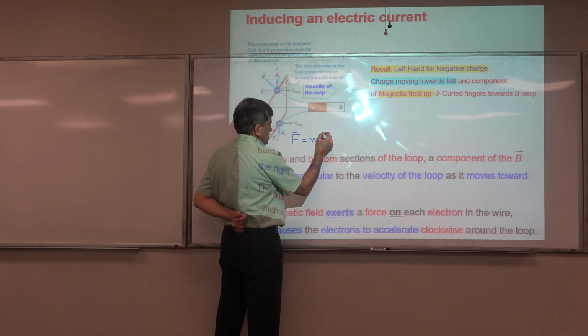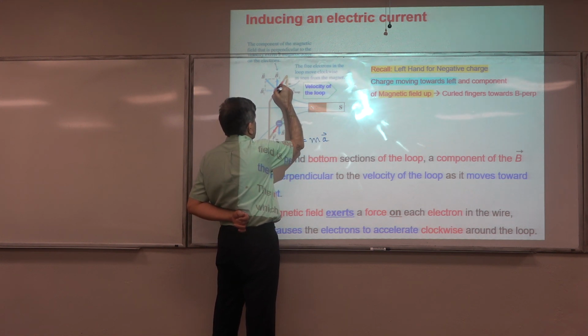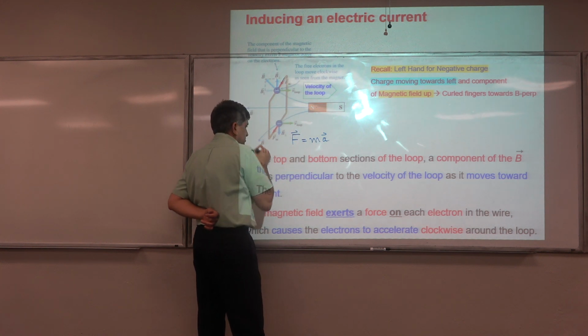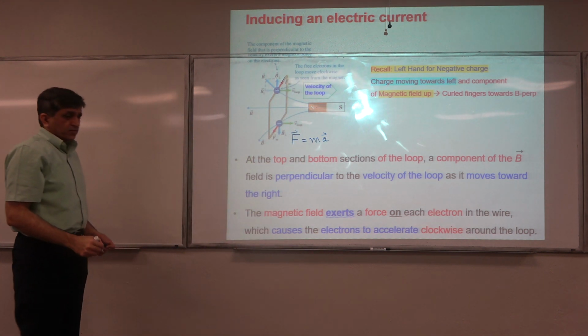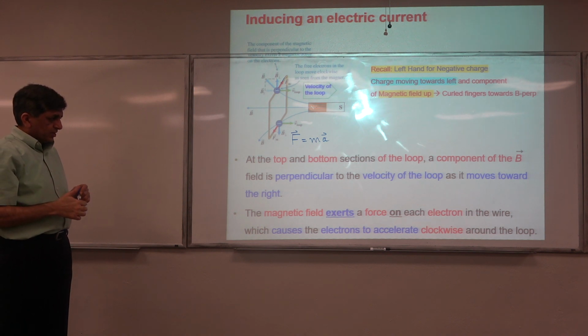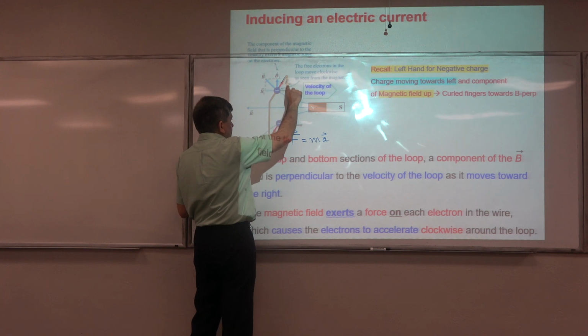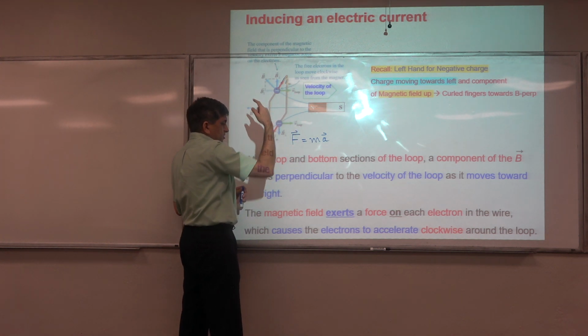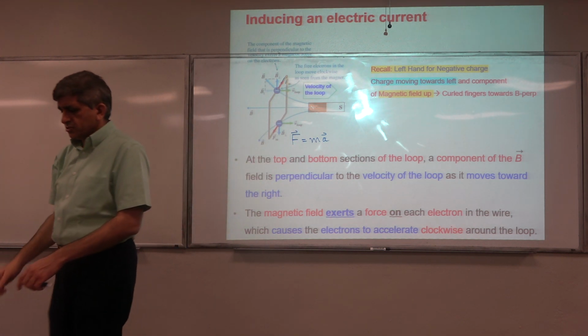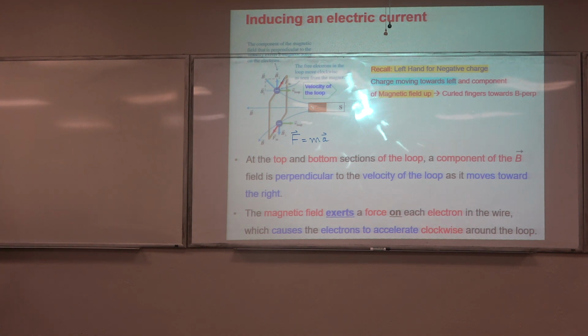Whenever a force is applied on a mass m, an acceleration is produced, which means this electron is accelerated with the magnetic force. So the charges are moving in a clockwise direction. Current is produced. That is what we registered.